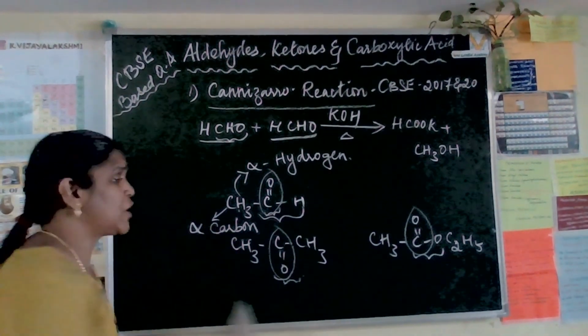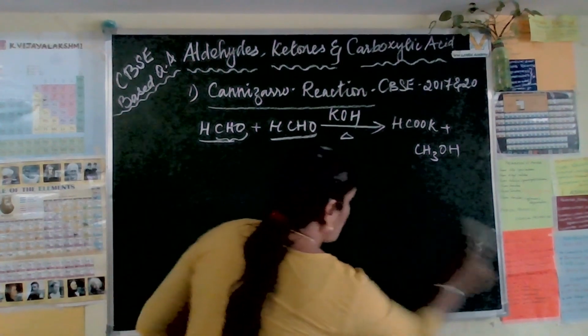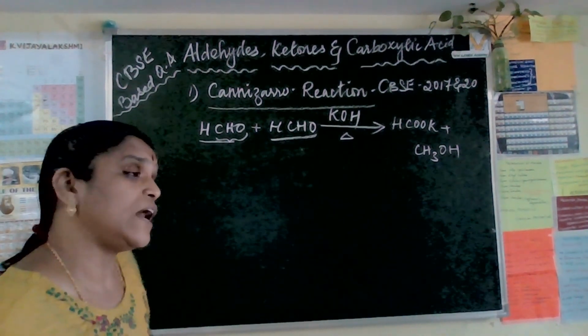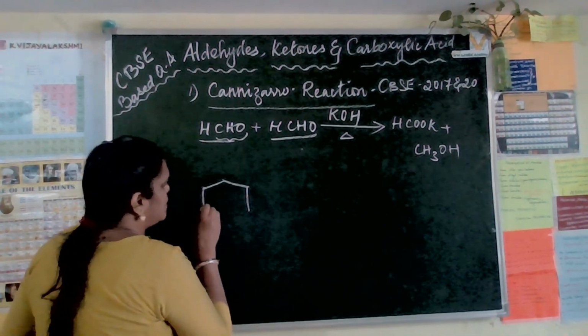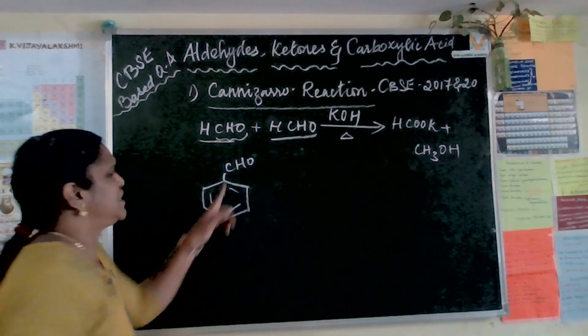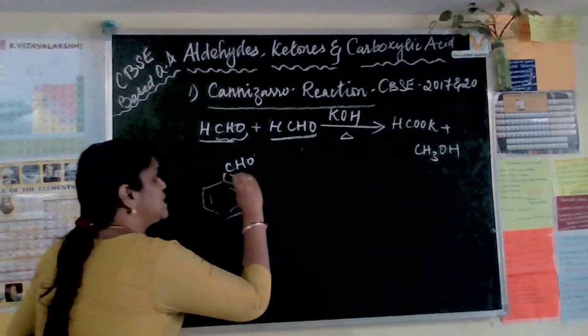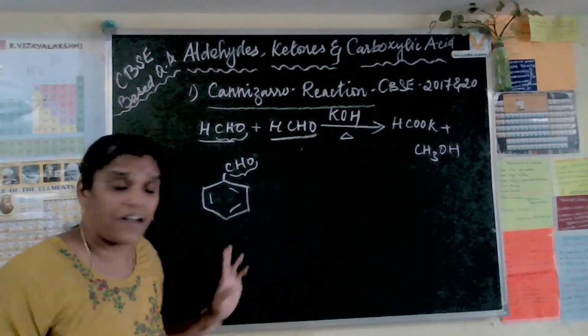Shall we go for the aromatic? Which compound in aromatics does not have alpha hydrogen? Benzaldehyde only. Benzaldehyde, CHO. Here also it does not have alpha carbon, neither alpha hydrogen.